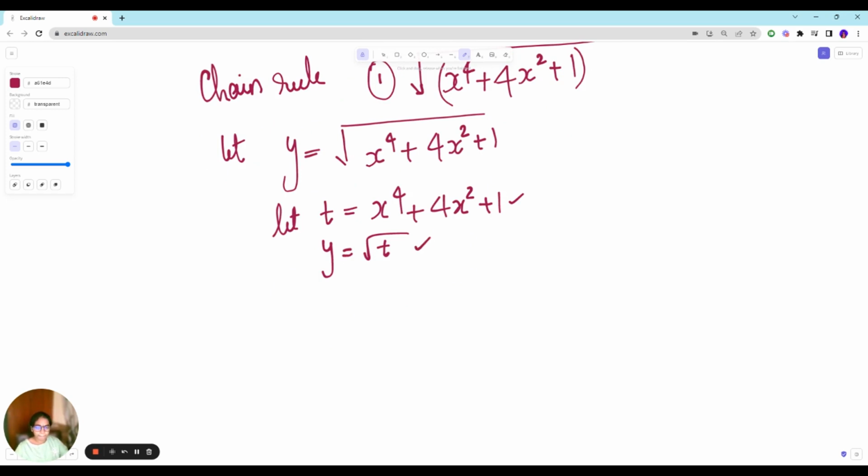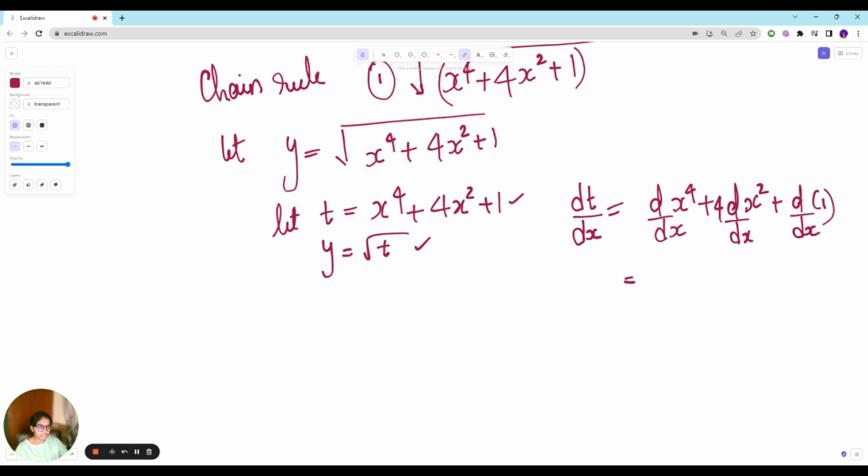Agree? I'll differentiate t with respect to which term? x, right? Because we have x here, which is the independent term. This is equal to derivative of, I'll use the sum rule, d by dx of x to the power 4 plus d by dx of 4x square, 4 is a constant, I can write it out, plus d by dx of 1.